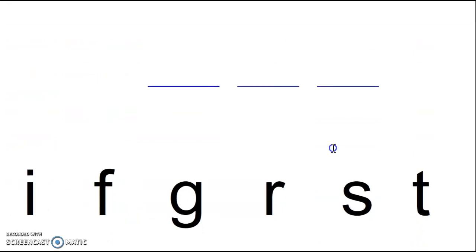Our third word has 3 letters. Our word is rig. R-I-G. Rig. The first sound I hear in the word rig is the R sound. What letter makes the R sound? Right. Letter R makes the R sound. The next sound I hear in the word rig is I. Which letter makes the I sound?